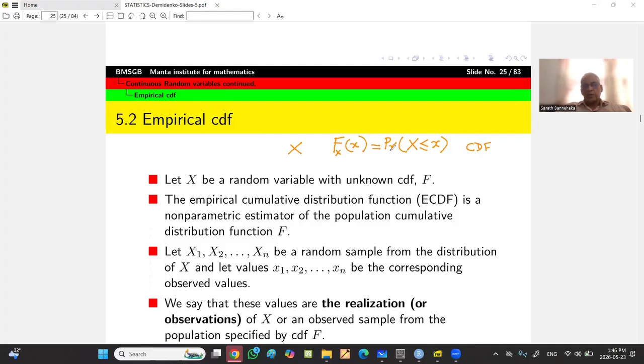Therefore, theoretically, we know the form of the function, but we don't know the function completely because there are some unknown quantities inside those functions. So practically, these are unknown functions. Cumulative distribution functions and density functions are unknown functions.